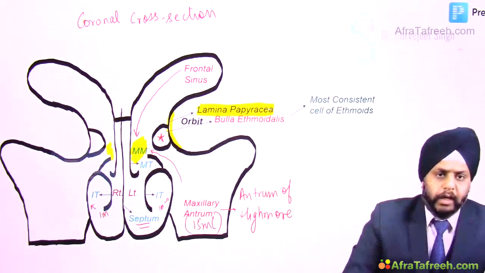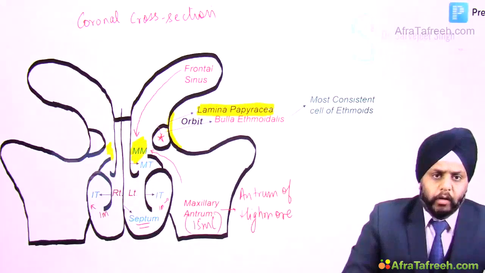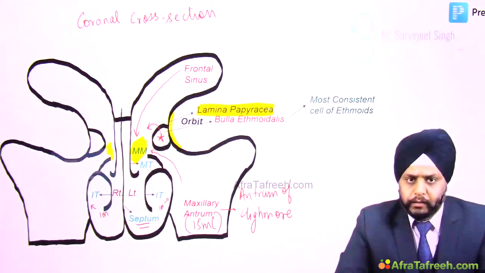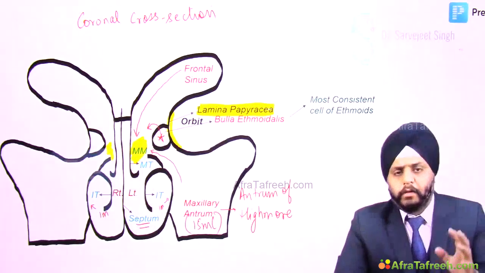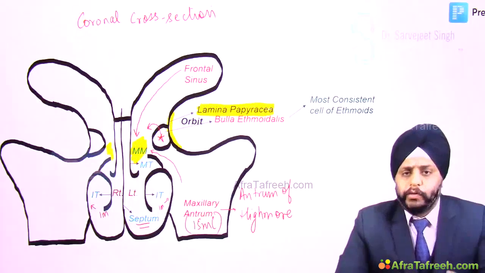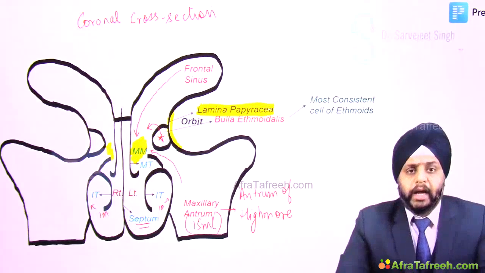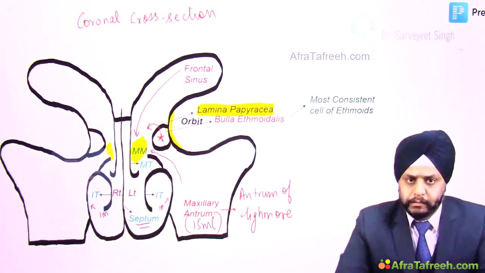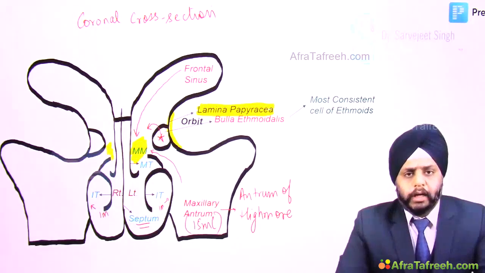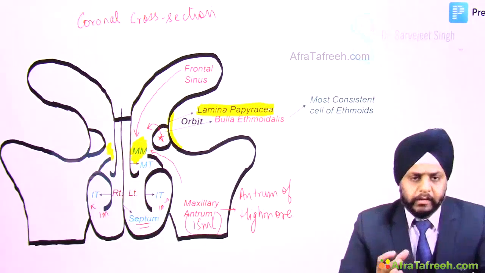And you can see that this bulla ethmoidalis is also draining into the middle meatus. Right? So this is also draining into the middle meatus. So this air cell belongs to which ethmoids? It belongs to the anterior ethmoids. Alright, so the bulla ethmoidalis also belongs to anterior ethmoids. So this is a part of anterior ethmoids.